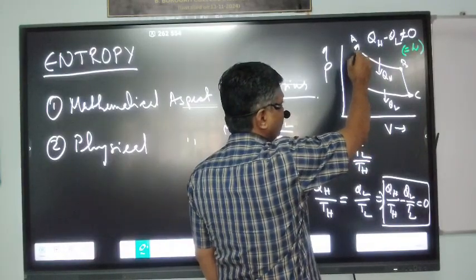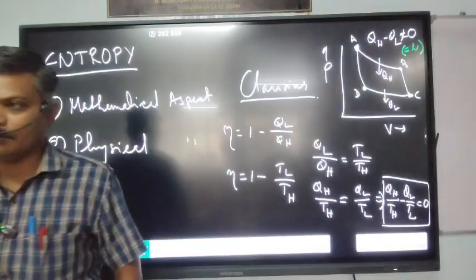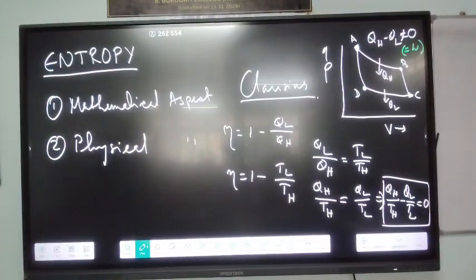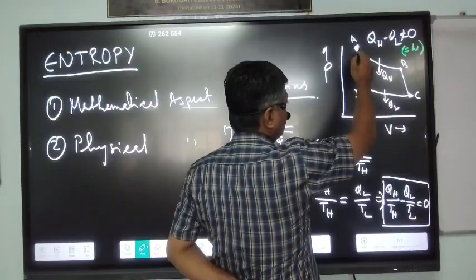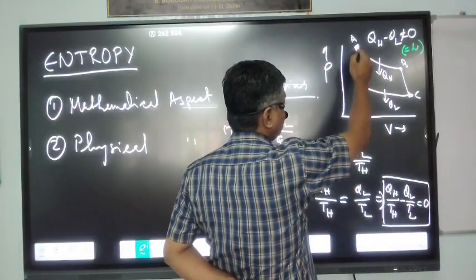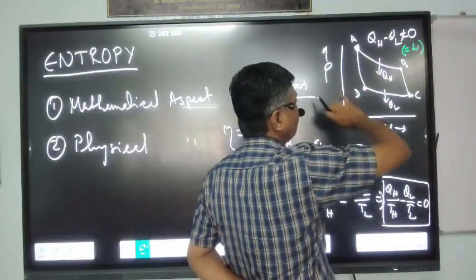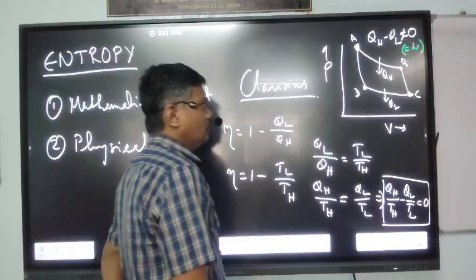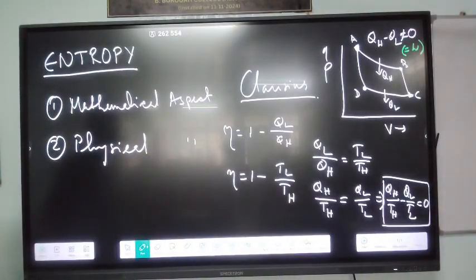If heat were a state function, the heat I took at the starting point, I should have the same amount of heat when I come back there. But that is not happening. QH minus QL is not equal to 0. QH is not equal to QL.